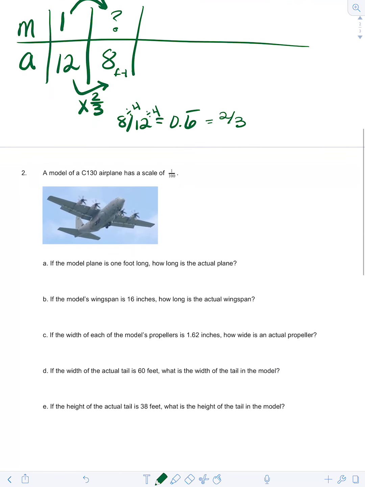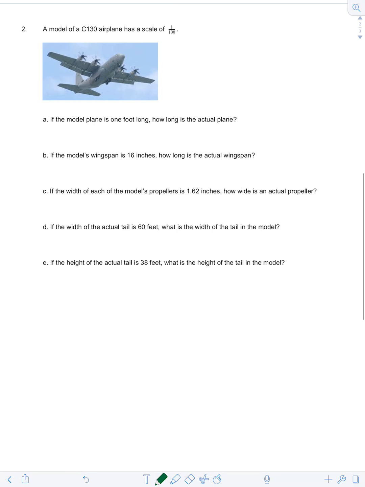When you go to the next page, I'm going to start you off, and then I would suggest that you pause it and complete it on your own. So first it's telling you a model of a C-130 airplane has a scale of 1 to 100. So again, our actual is 100 times bigger.